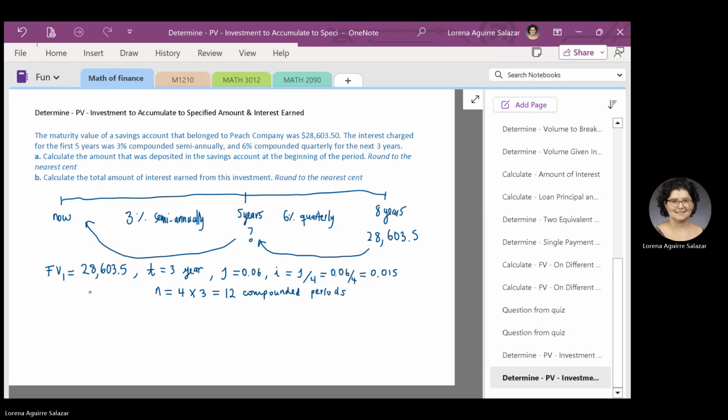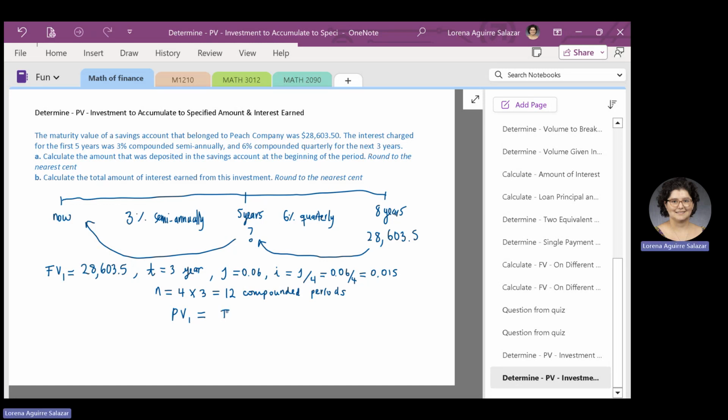To find the amount in the savings account after 5 years, we need to find present value, based on that future value of 28,603.5. To find the present value, given the future value, we use a formula: future value divided by 1 plus i to the n.